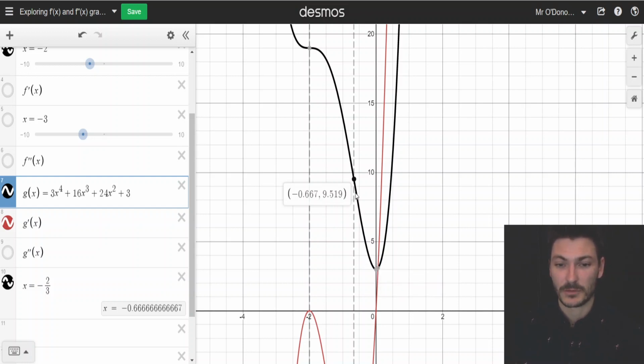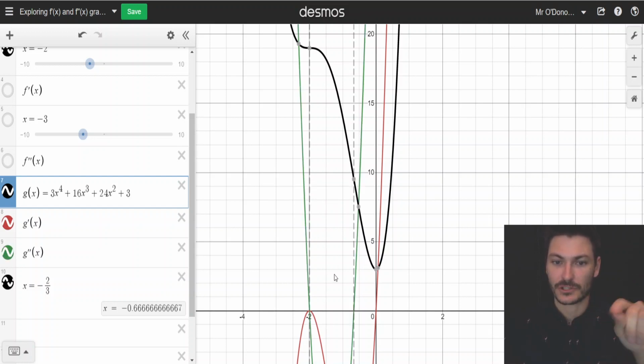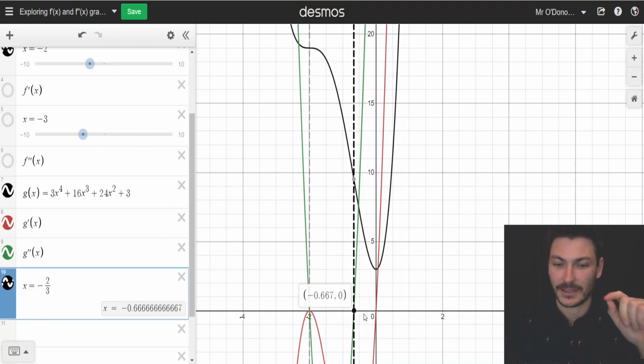So absolute minimum here, and somewhere it clearly has to change from concave up to concave down. And the point where it changes is this point of inflection, and of course to find it graphically or algebraically, we have to look at the second derivative, this green function, and look where it intercepts with the x-axis.